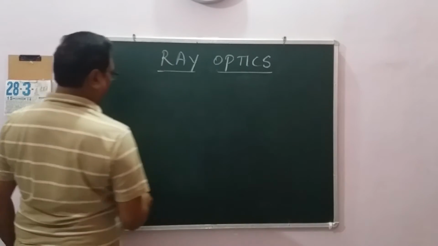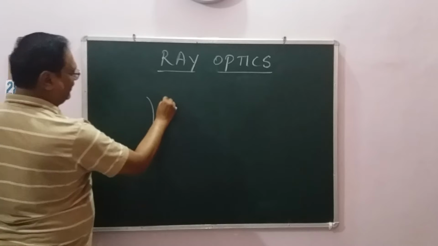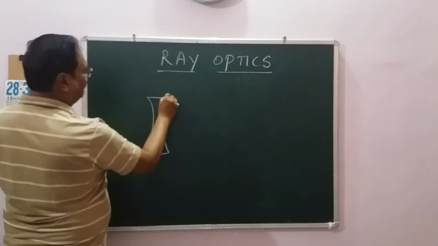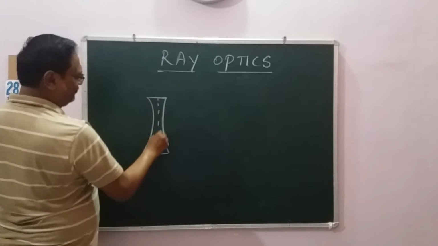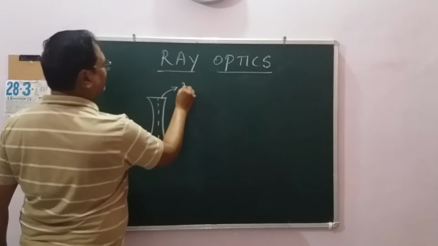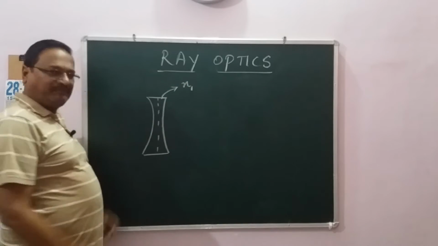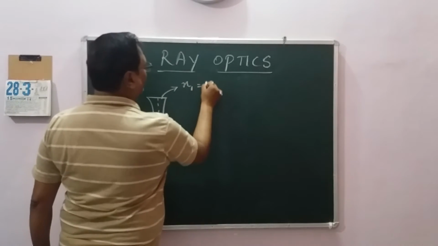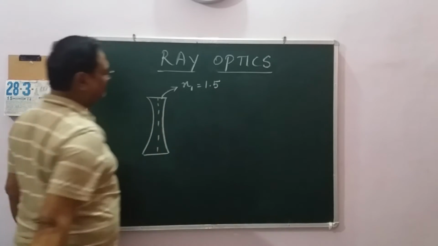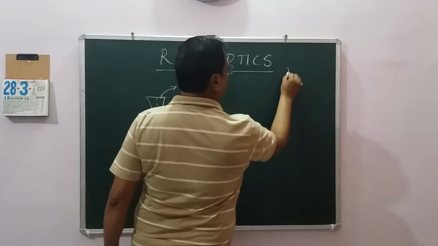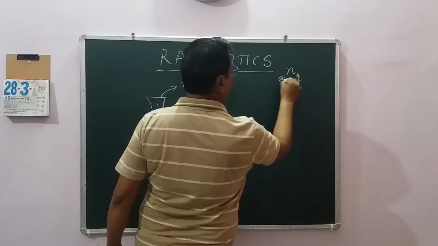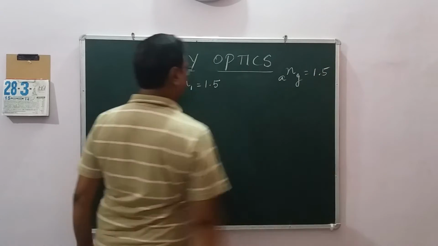Now let us take for example a concave lens. The concave lens has a refractive index n1, made up of glass. Its value is 1.5. We know the refractive index of glass with respect to air is 1.5.